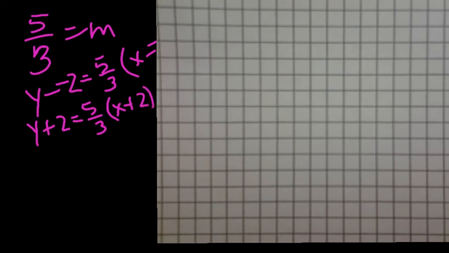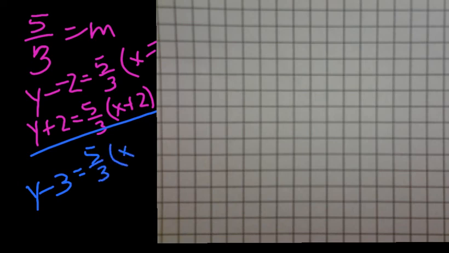That's a perfectly good answer right there. Okay, if you use the other point, your answer is going to look like this. It's going to be y minus 3 equals, same slope, 5/3 times x minus 1. Either one of those answers is correct.